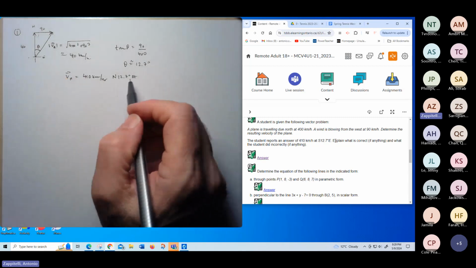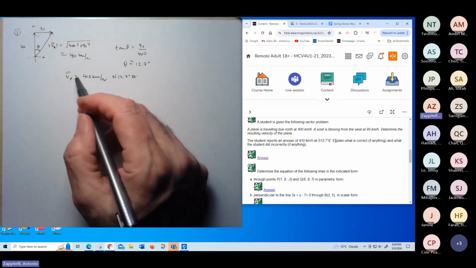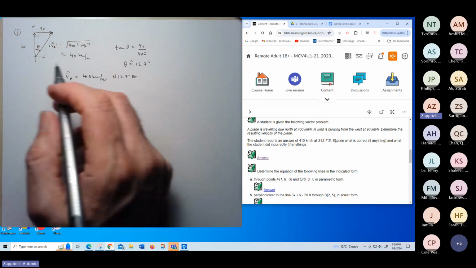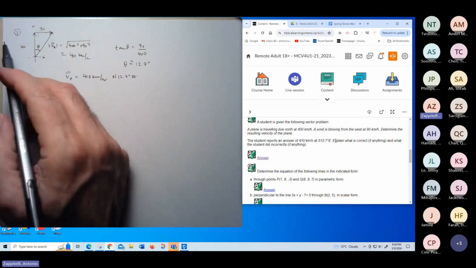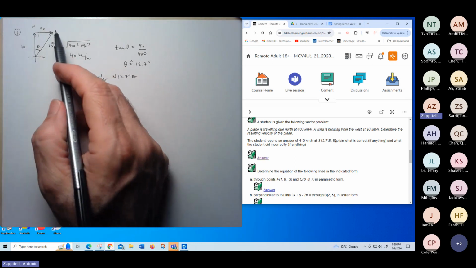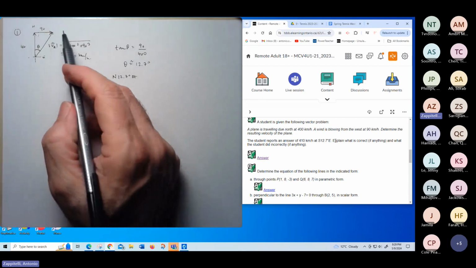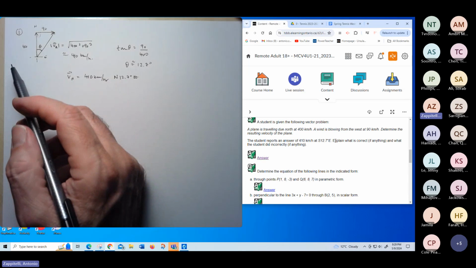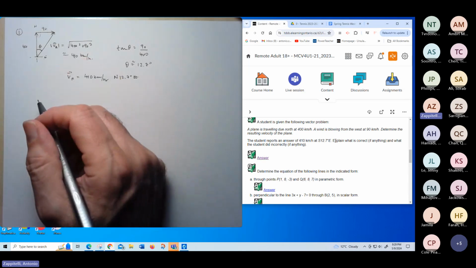So clearly the direction is incorrect. The magnitude was correct. So who knows, maybe they didn't go tip to tail. Maybe instead of going from the west, they went toward the west. So that might have caused the problem. So a lot of things can happen here.